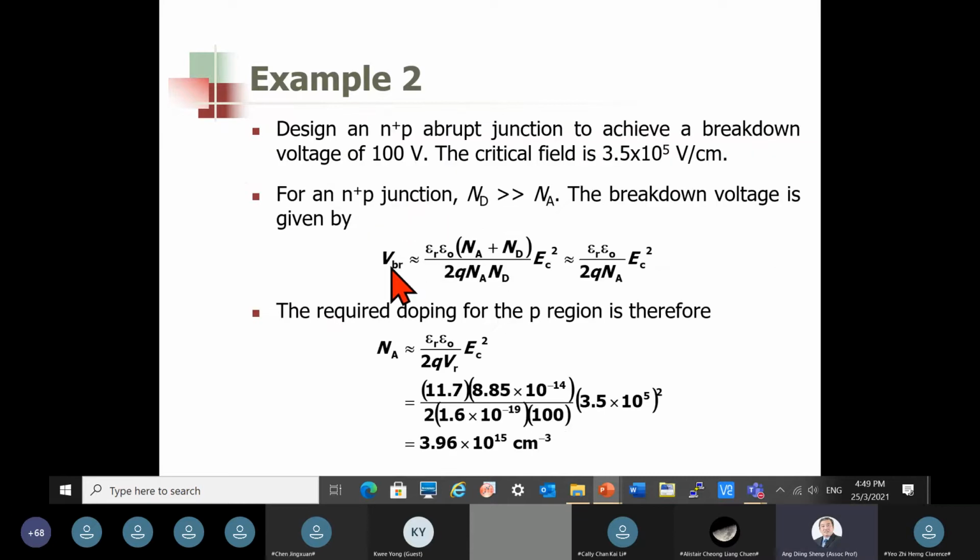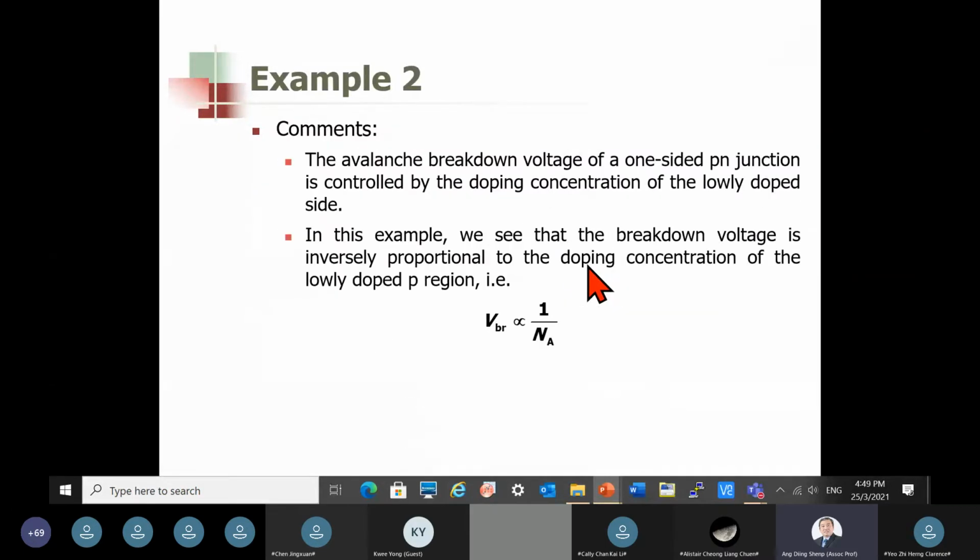You can see this easily from this approximated expression here, whereby VBR is inversely proportional to NA, which is the doping concentration of the lowly doped side in this example, which is mentioned here.